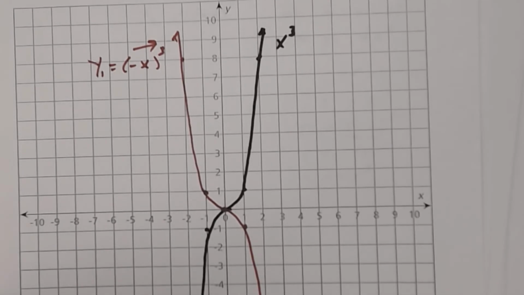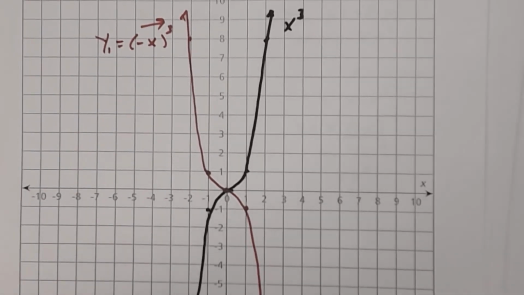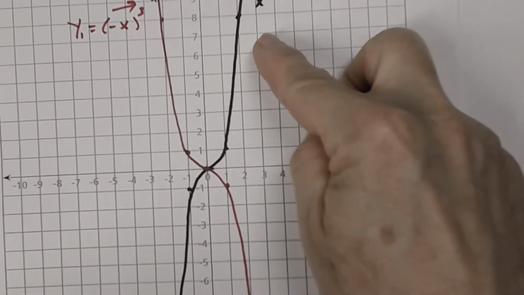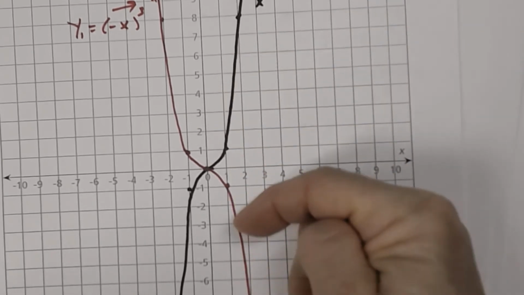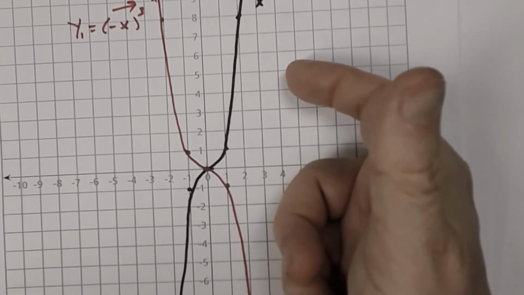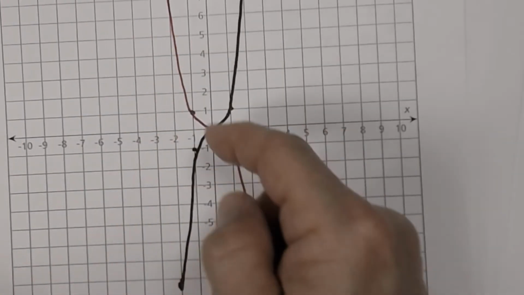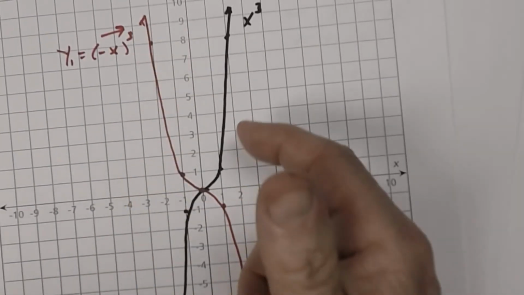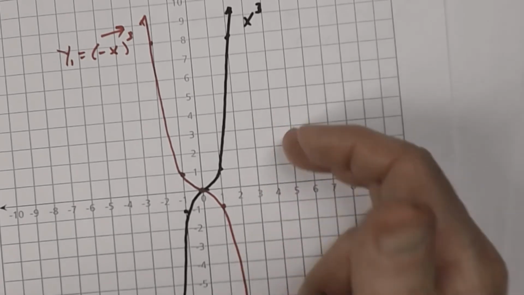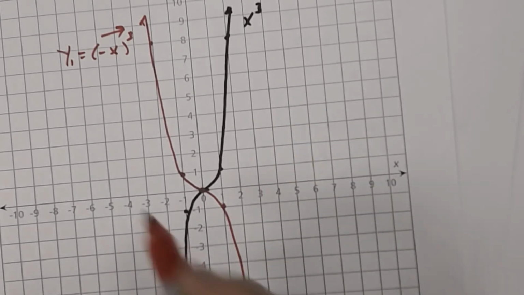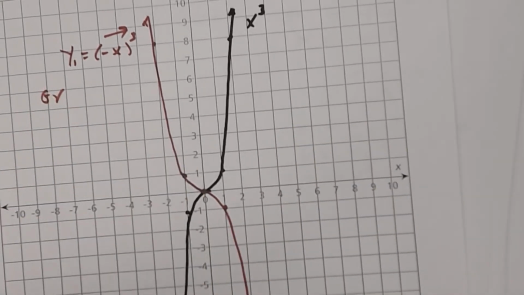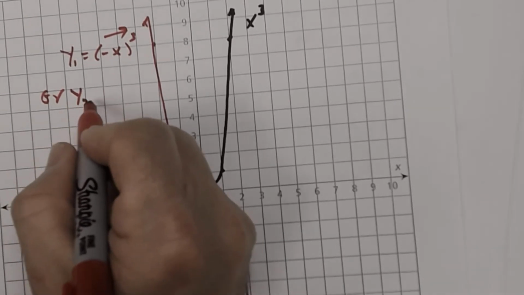Y'all agree? Okay. But I want you to think about this. Isn't this right here, if I take this and reflect it about the x-axis, don't I get this? And if I reflect this about the x-axis, don't I get this? So if you reflect about the x-axis, doesn't it become this?